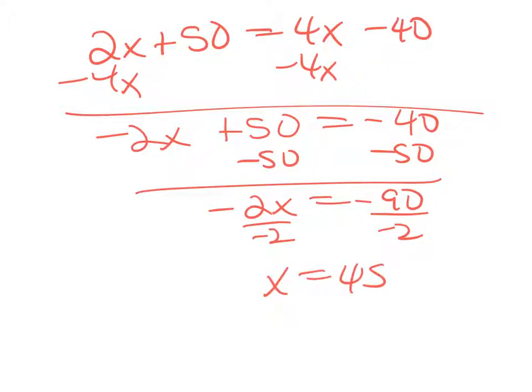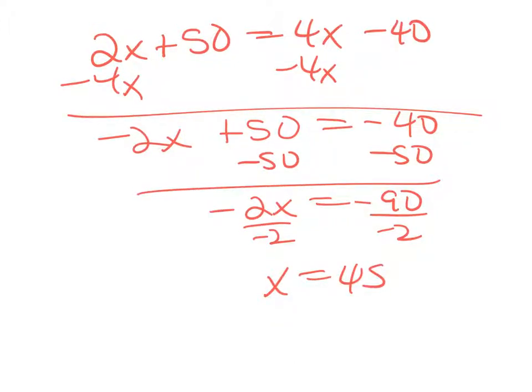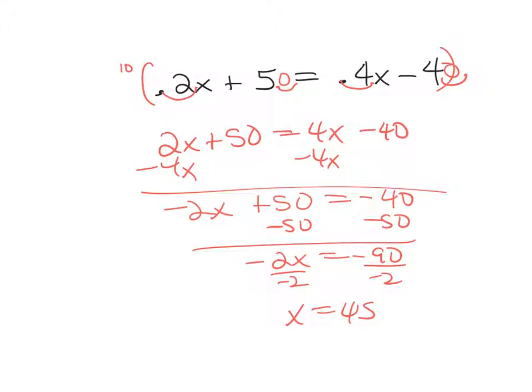You don't have to move the decimal point back. As long as you've multiplied every term or moved the decimal point in every term, and even if it doesn't have a decimal point, still move it. Add a 0 to the number. Okay, this is a way to get rid of decimal points. But if you're comfortable working with decimals, you can leave it.